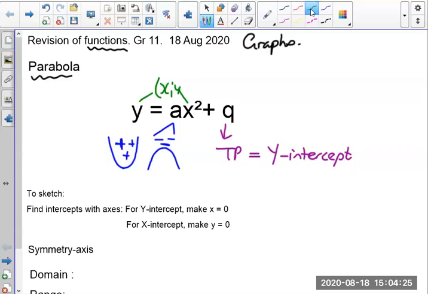X and y means all the coordinates for all the points on the parabola. So the coordinates of any point on that parabola.